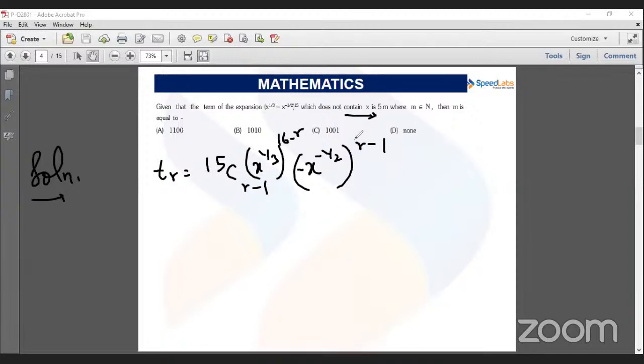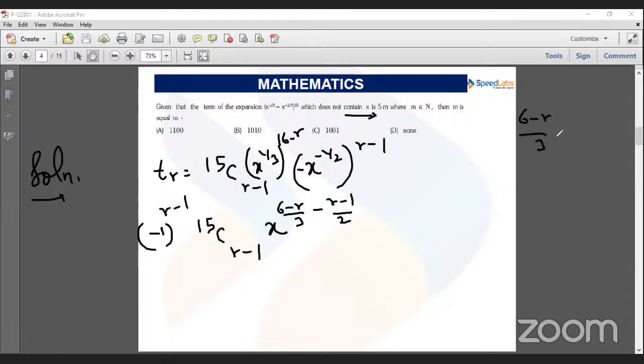The term which does not contain x: basically what will be the power of x? 15C(r-1) times (-1)^(r-1), and the power of x would be (16-r)/3 minus (r-1)/2.